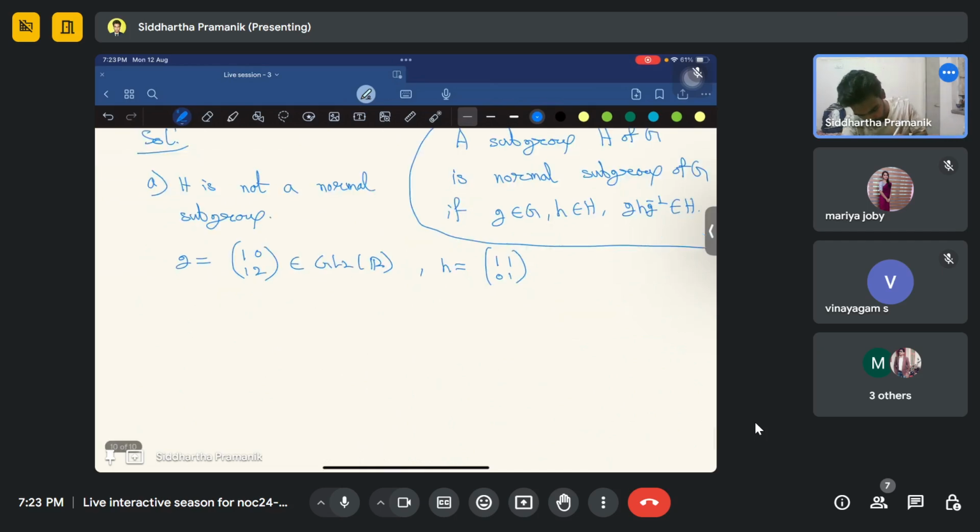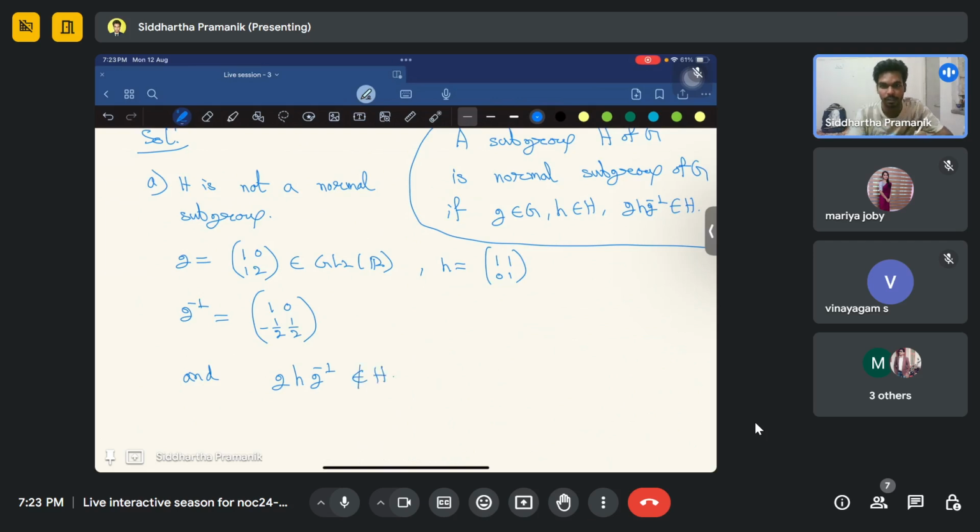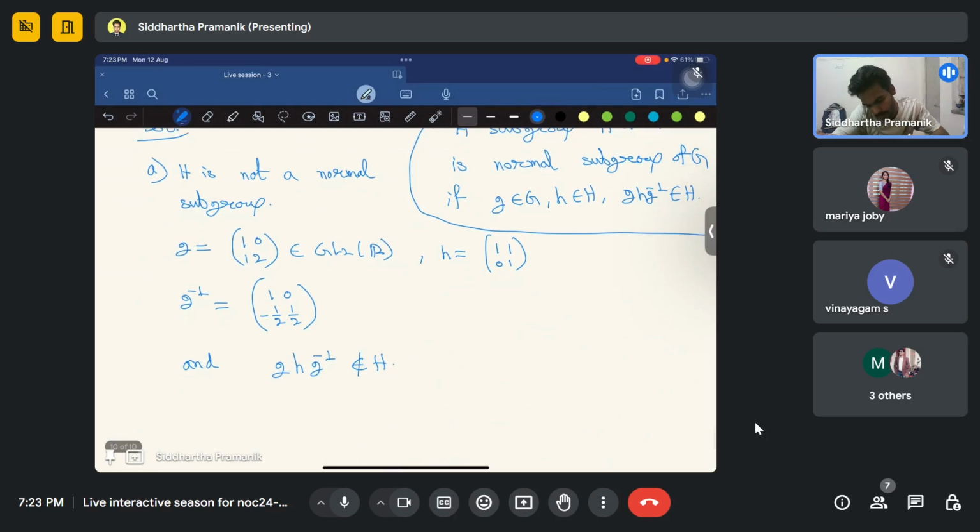Then you can check that g inverse is equal to 1 0 minus 1 by 2 1 by 2, and you can check g h g inverse is not in H. So you just do the calculations on your own. Instead of these matrices, you can take arbitrary, suitable matrices for which this will hold. So I am just taking one example.